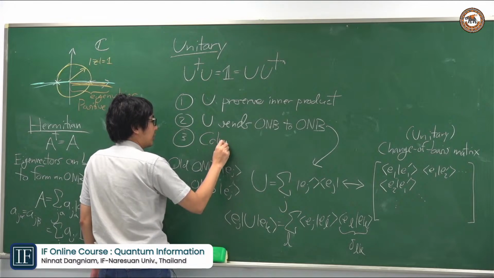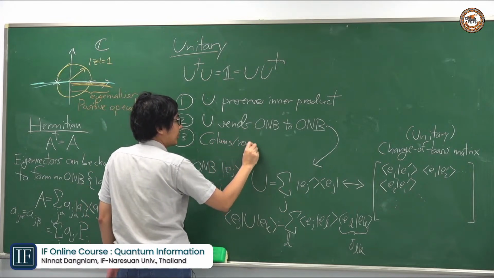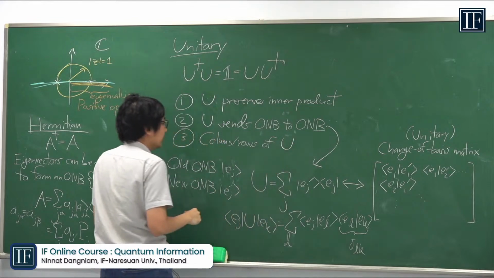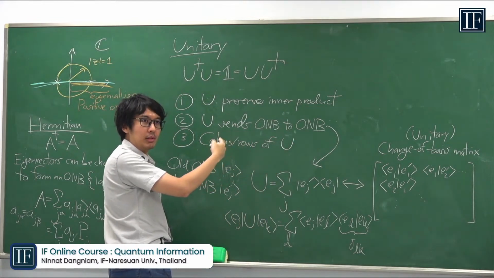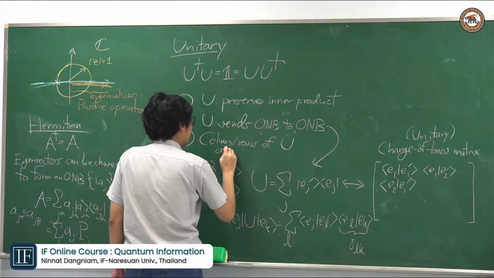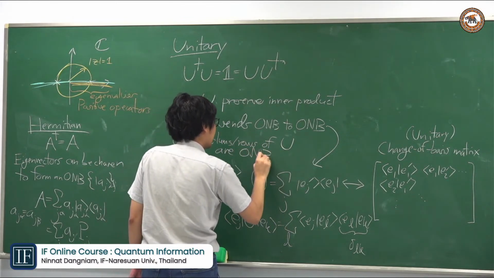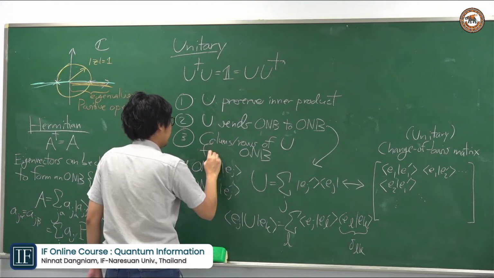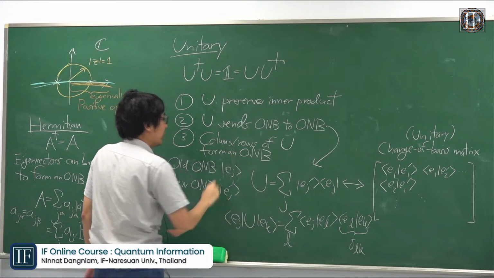And then the last one that we talk about is the columns or rows of U. So columns of U are the rows of U dagger, right? They form an orthonormal basis.